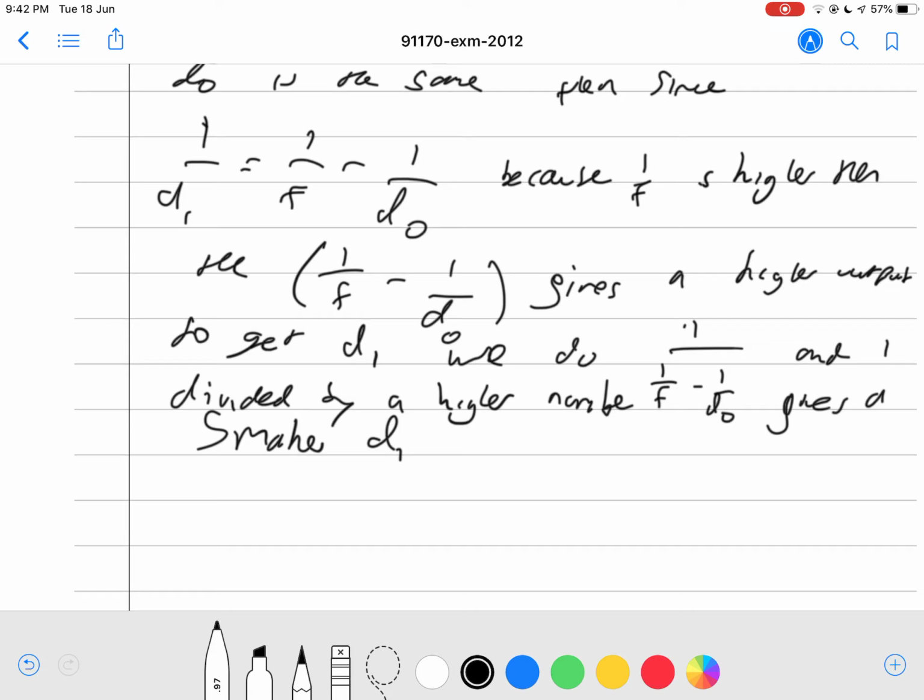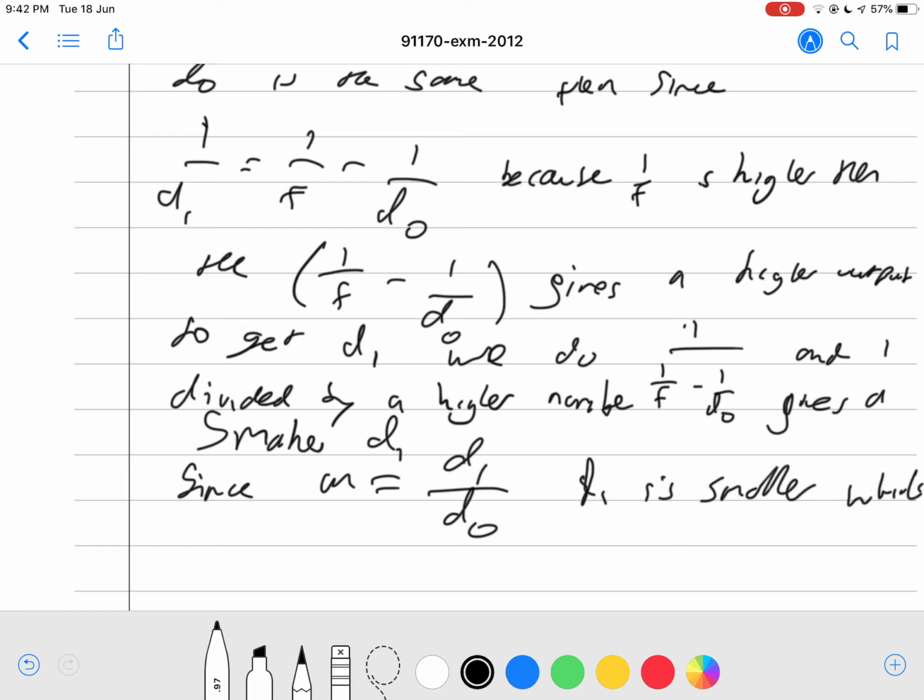Okay, so our di we have established is smaller. So we're going to say since magnification equals di over do, our di has gone smaller, while do is the same. Hence, m is smaller.